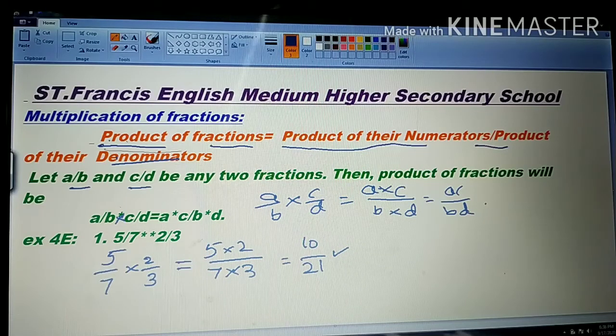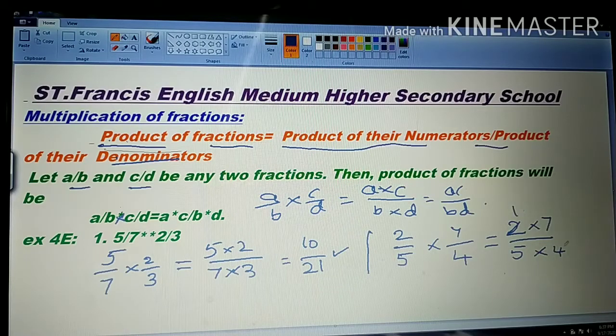If you take another example, 2 by 5 into 7 by 4. Now what happens? See this one: 2 into 7 divided by 5 into 4. If you observe here, we can cancel.